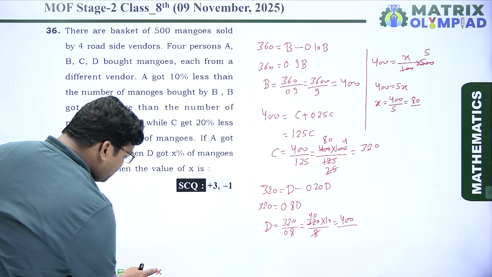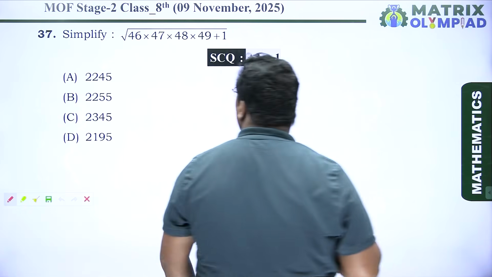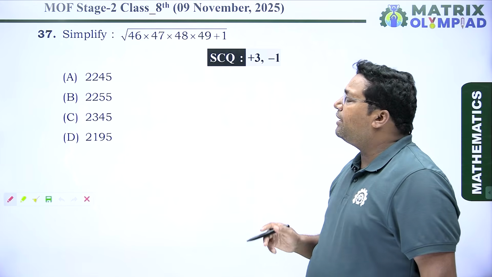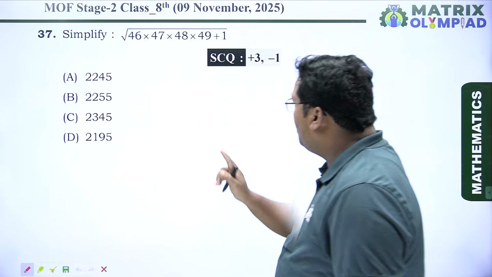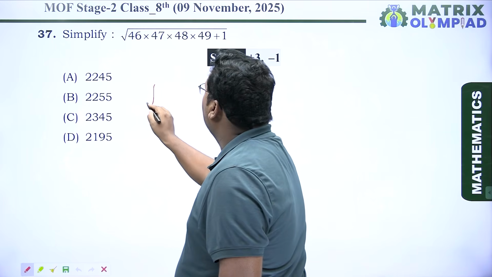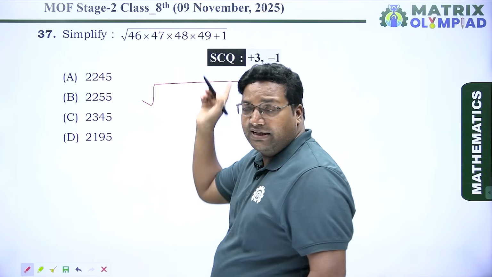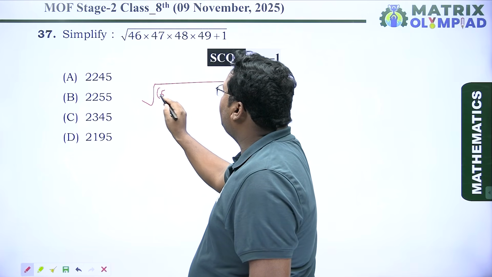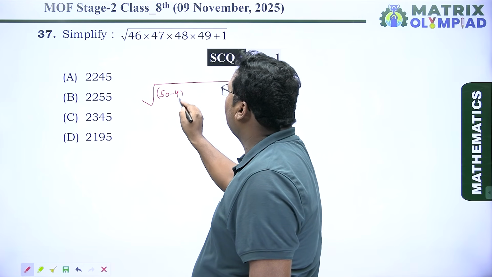Now coming to the next question. Next question is simplify the square root of 46 into 47 into 48 into 49 plus 1. Here you can see we have to find out the value of this. So we have to write 46 in terms of 50 minus 4.